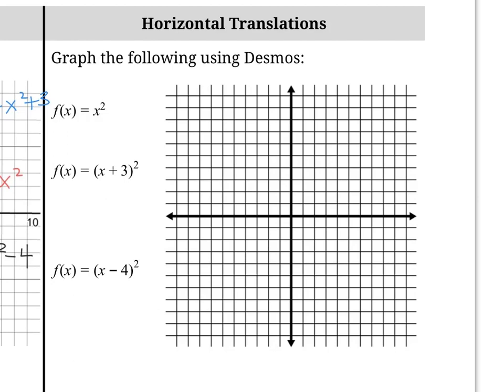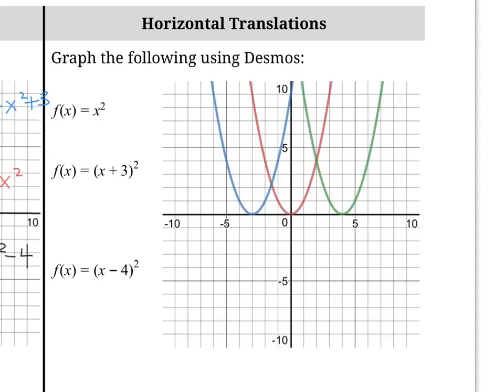Let's take a look at horizontal translations now. If you haven't done so already, plot these 3 functions into Desmos and then quickly sketch them on the graph here. Your 3 parabolas should look something like this, and let's quickly label them. We know our parent graph, y equals x squared, will look like this graph in the middle.